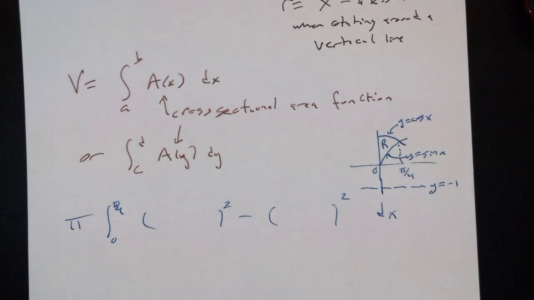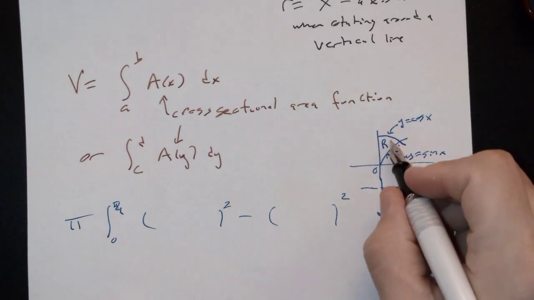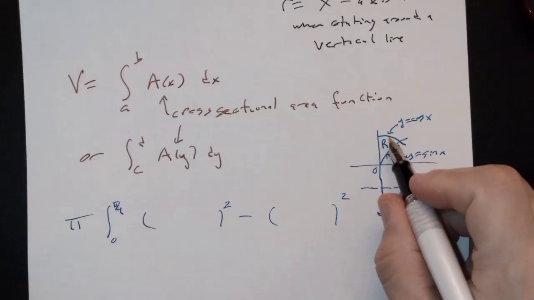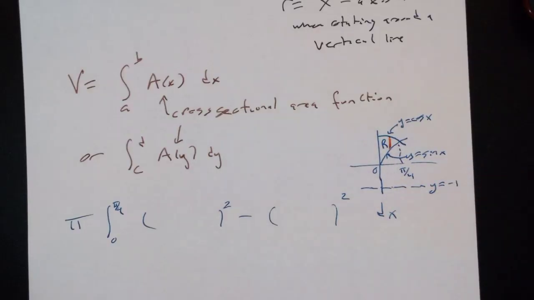I've got an outside radius and an inside radius. Outside radius is further away from the rotation axis; inside radius is closer to the rotation axis. I'm going to spin this, so I'm going to get a washer. Here's that little rectangle that Chloe was asking me about earlier. I think of the outside radius as going from here to here, and the inside radius going from here to here.